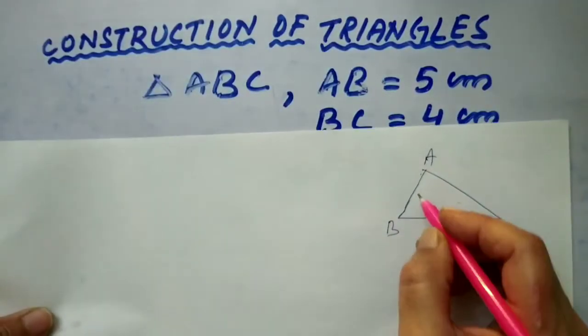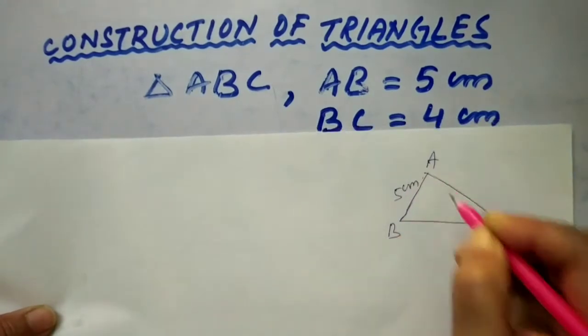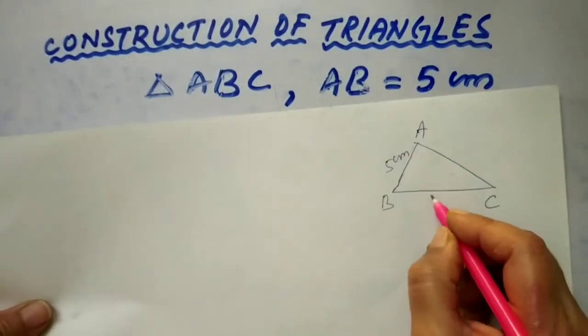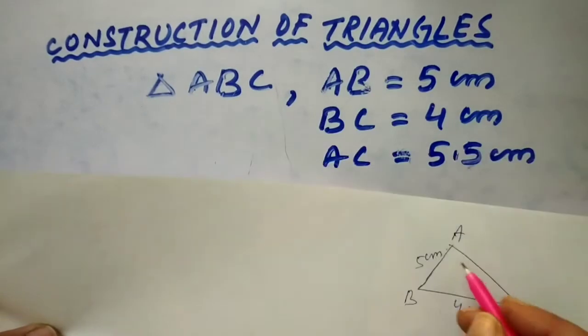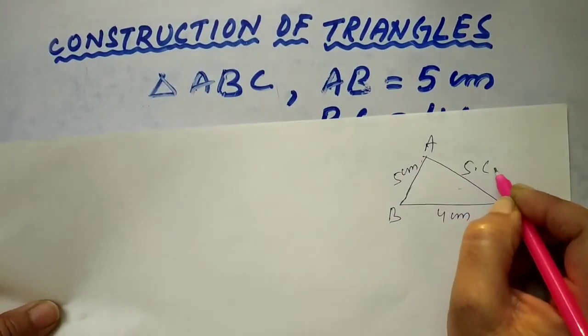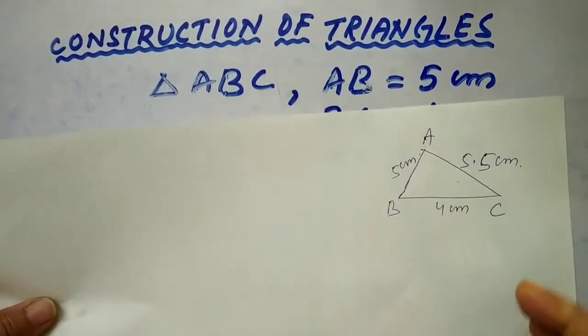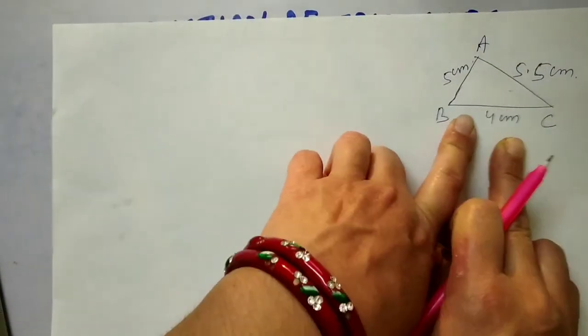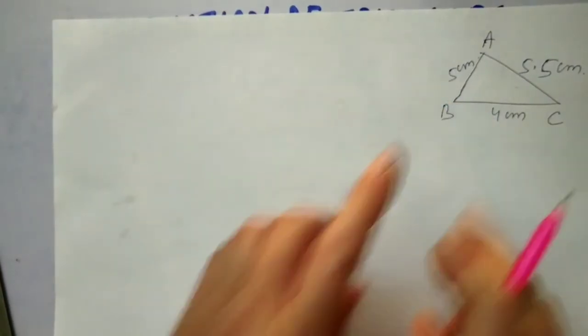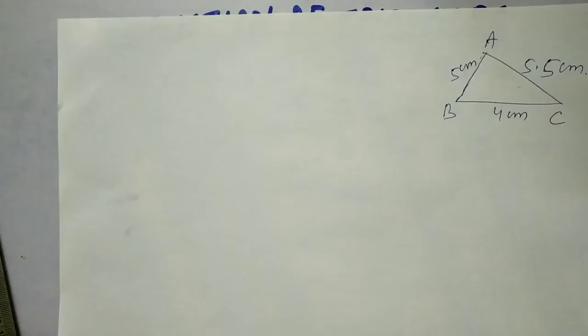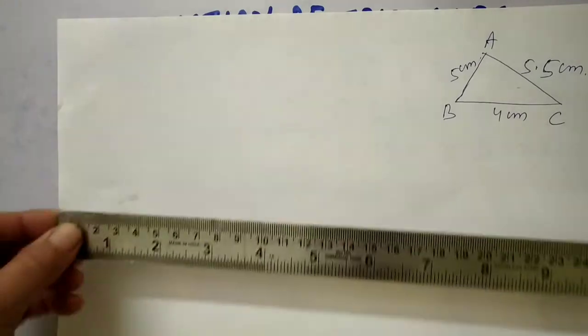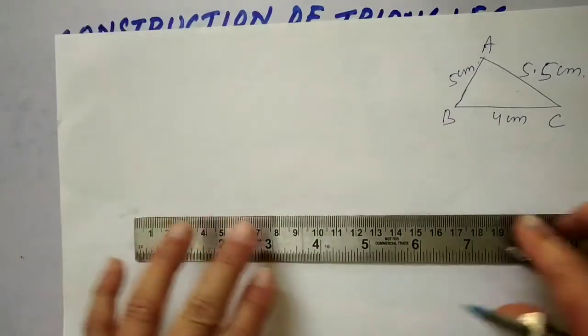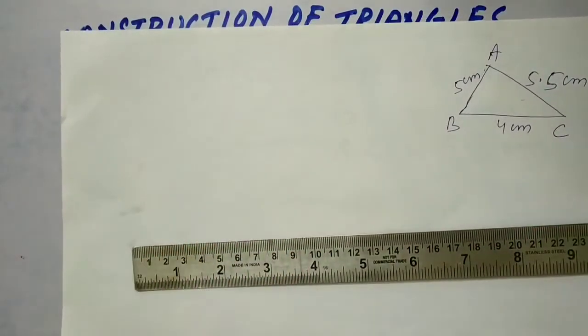According to the given, AB equal to 5 centimeter, and BC equal to 4 centimeter and AC equal to 5.5 centimeter. Now to construct, no need to see the question. By looking at this only, we have to construct this triangle. So first you have to draw one line.